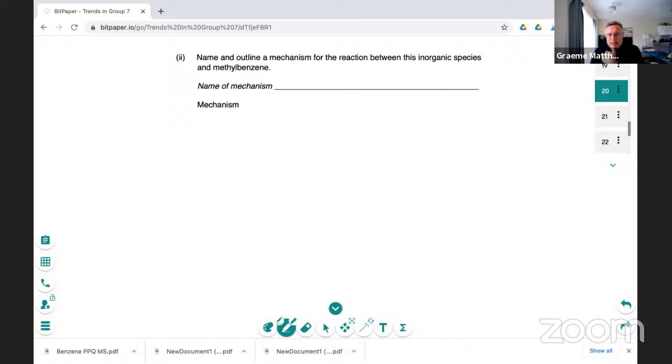Now it said: name and outline the mechanism for the reaction between this inorganic species and methylbenzene. So the name of the mechanism then. It's got to be electrophilic substitution, right? Substitution, because I'm going to substitute an NO2 for a hydrogen on the ring.